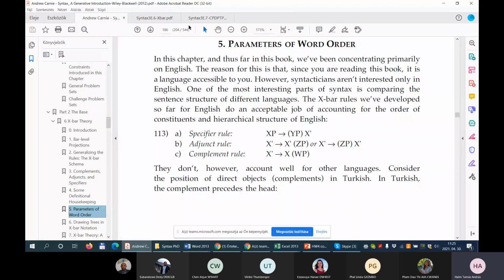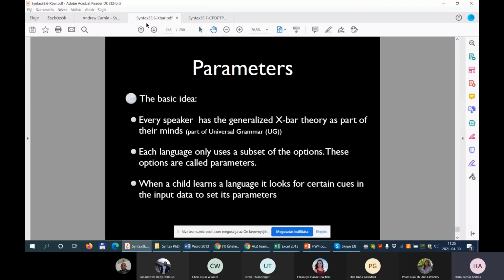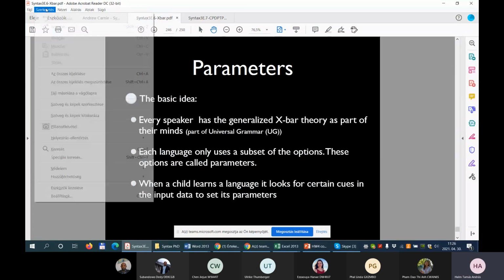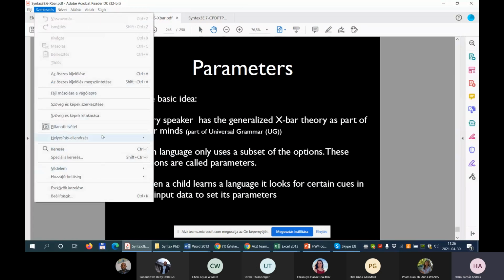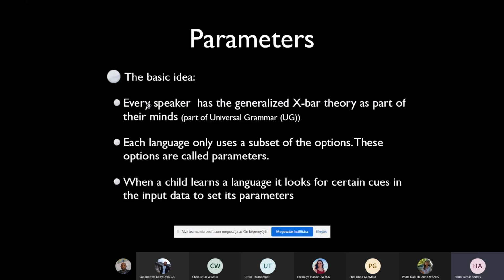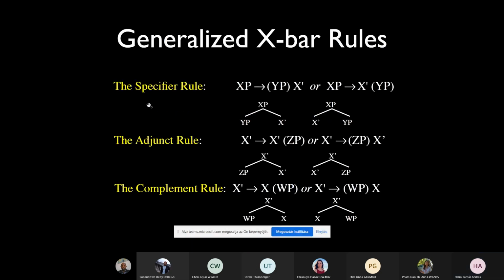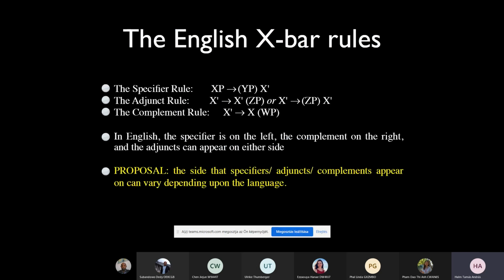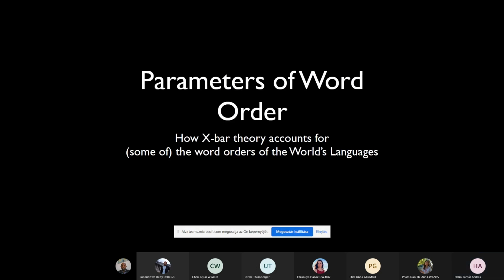The idea is that we have talked about X-bar structure, how it works in English, and linguists believe that pretty much all languages of the world have a similar X-bar structure, which sounds nice, but at the same time, we also have this experience that different languages of the world look different in terms of their word order.